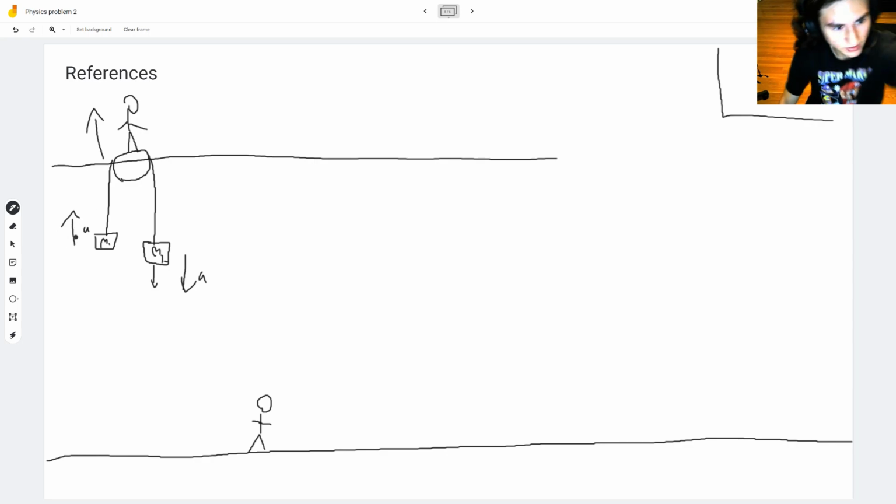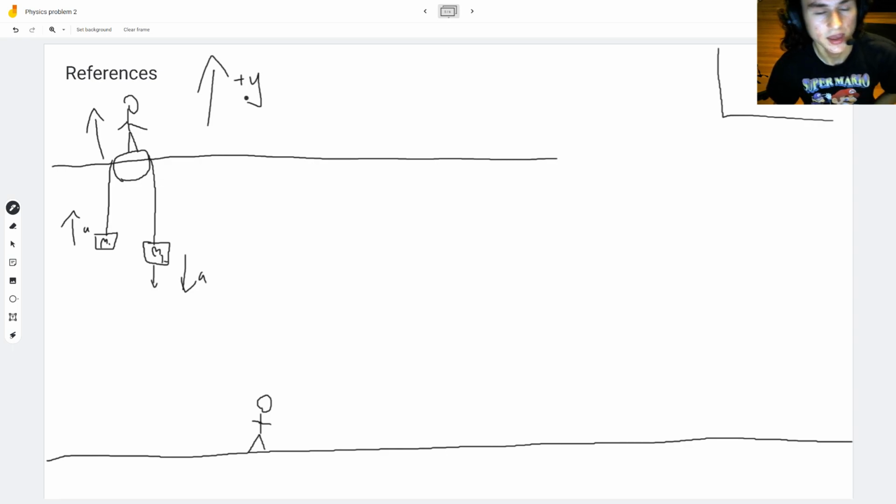So this will be accelerating around the object. In this, of course, we will set a positive y being upwards. So this would have a value of positive a, and this would have a value of negative a, because it's going downwards.